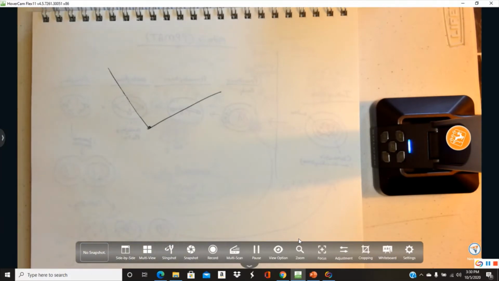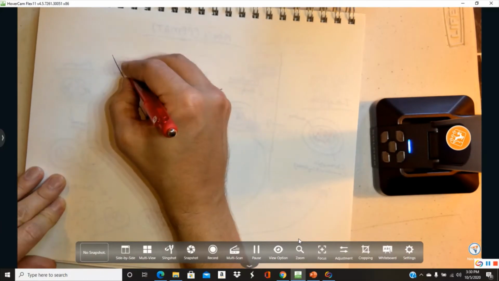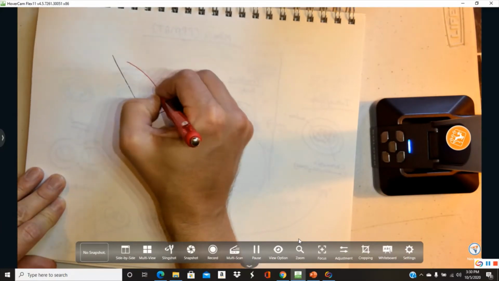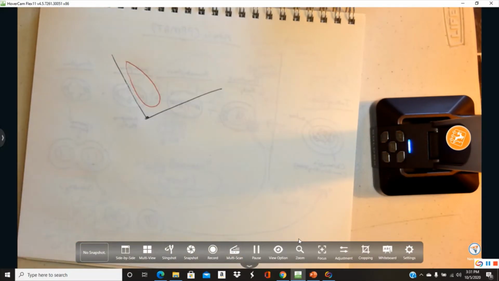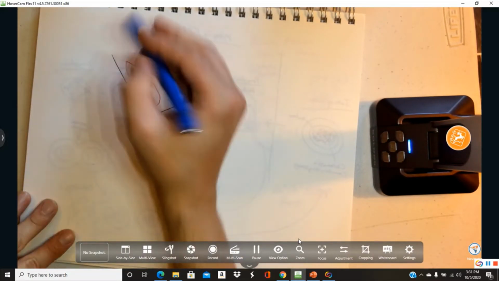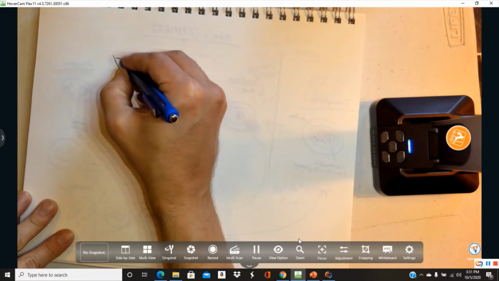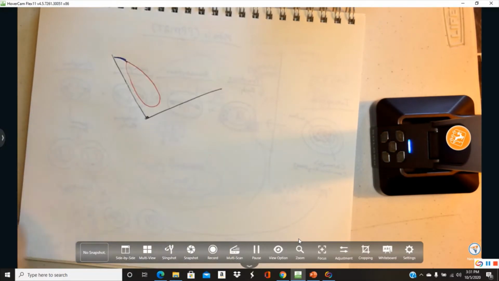With these two bones, you would have a muscle located here, and this muscle would have to have two attachment points in order to produce the movement that we need to produce.